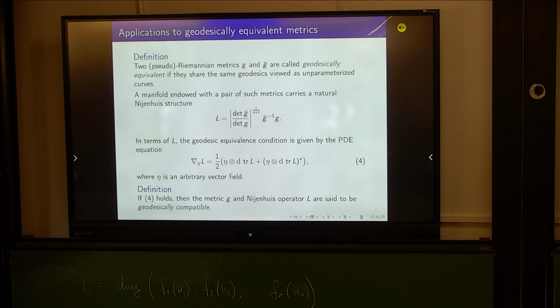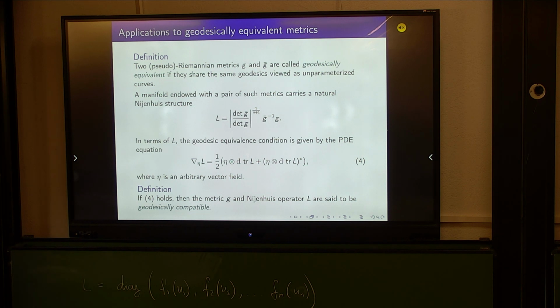And then these objects are much more natural. This is the reason. Okay, we will say that G and L are geodesically compatible if this condition holds. So geodesic compatibility and geodesic equivalence are basically the same thing.